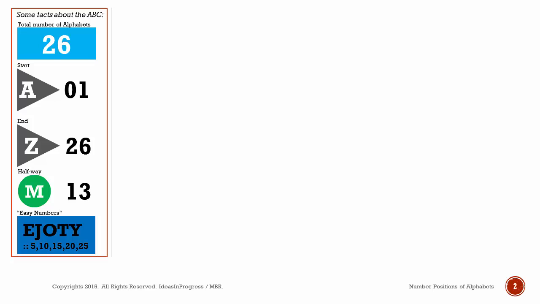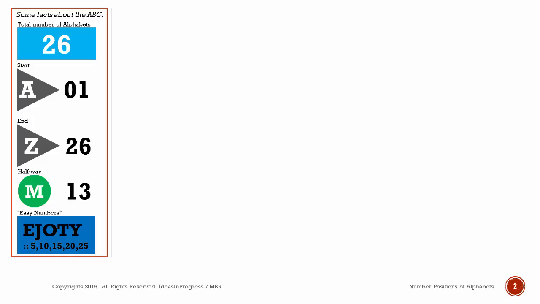Alphabet Z is the last letter, and its number position is 26. Letter M is halfway in the ABC, and so its number position is 26 divided by 2, and that is 13.